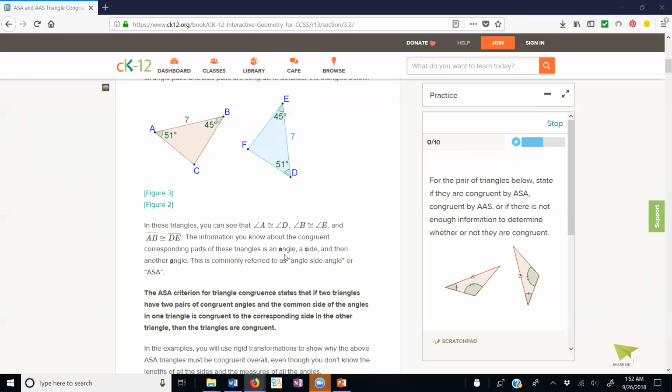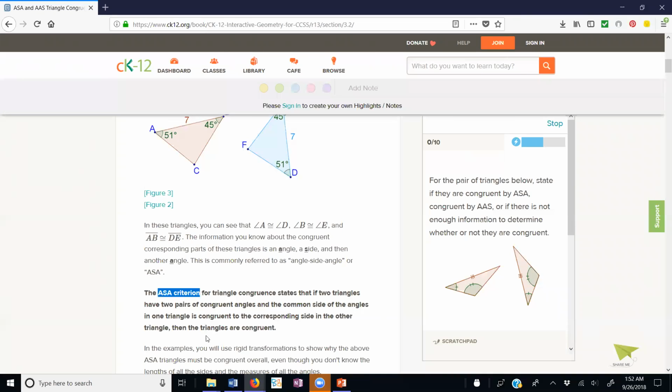This is an example of angle-side-angle. Let's read the ASA criterion. The ASA criterion for triangle congruence states that if two triangles have two pairs of congruent angles and the common side of the angles in one triangle congruent to the corresponding side in the other triangle, then the triangles are congruent.